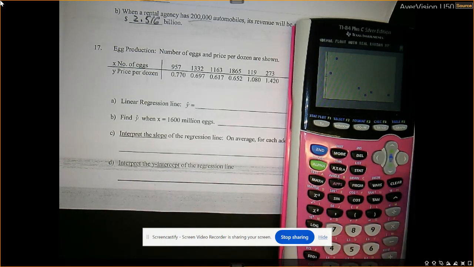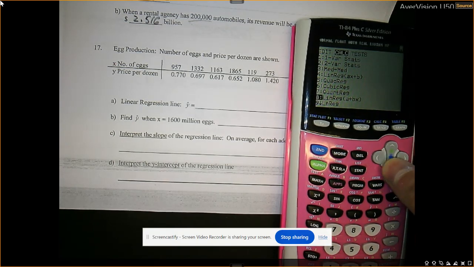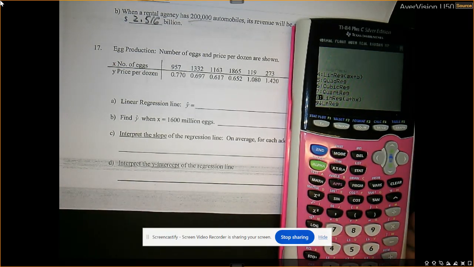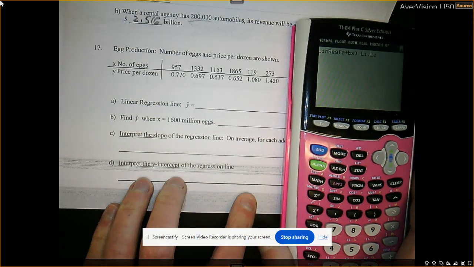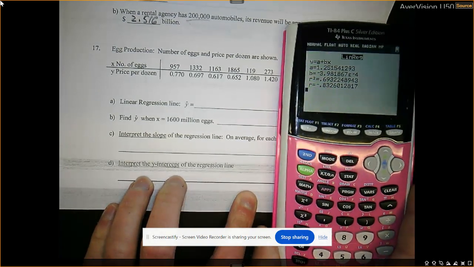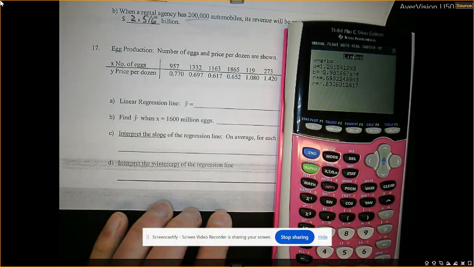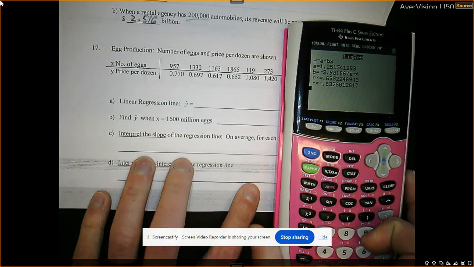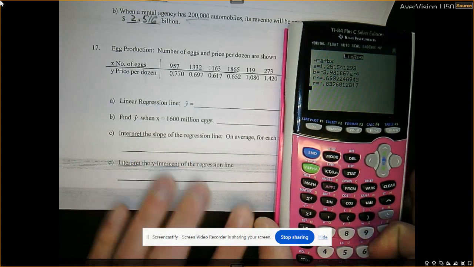And then to see my regression line, I go stat, calc, and then down to 8. Here I just hit enter, enter, enter, calculate, and it gives you your equation. It gives you your a, your b, your correlation coefficient, and coefficient of determination as well.